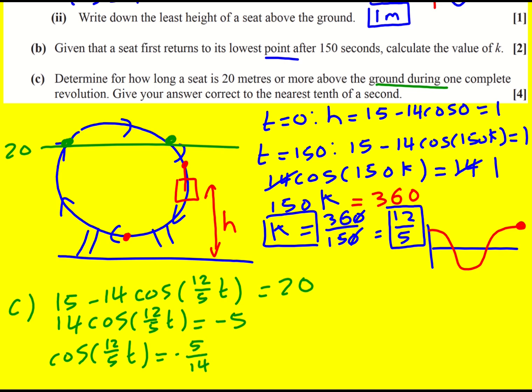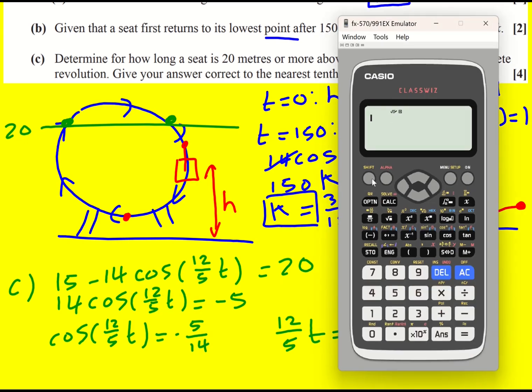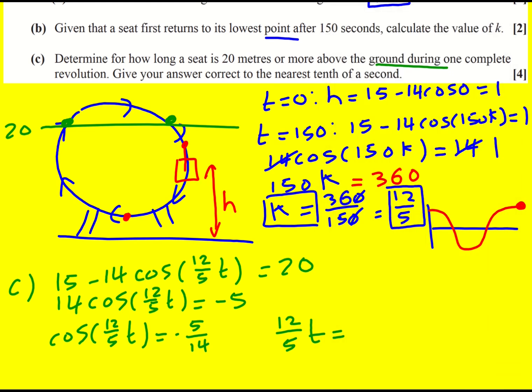Okay, and I've got this to solve. So I just need to do inverse cos of minus 5 over 14, which gives me 110.924.